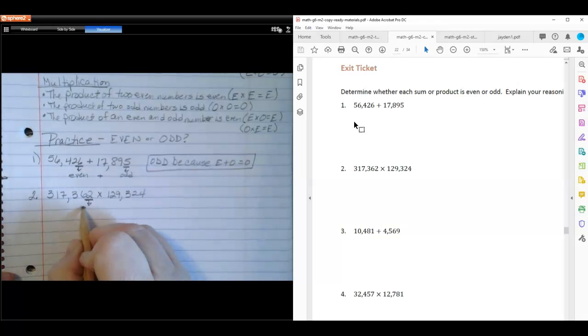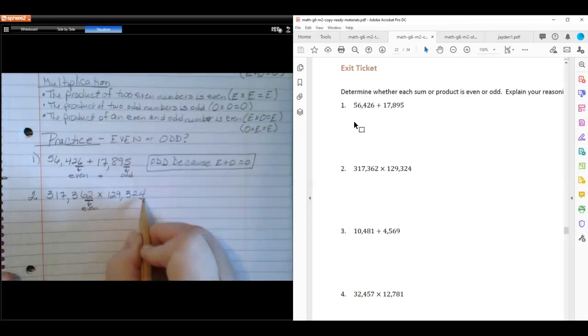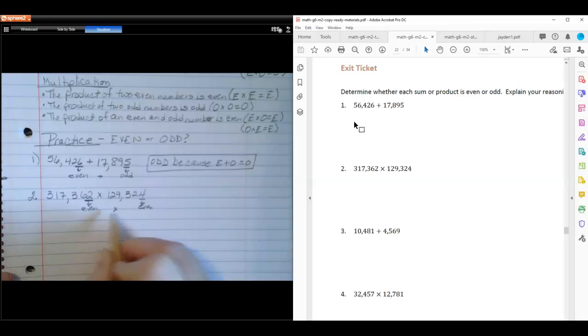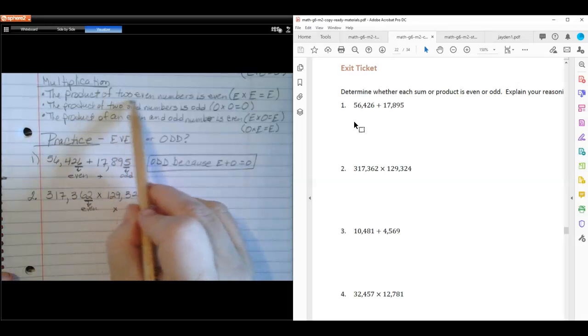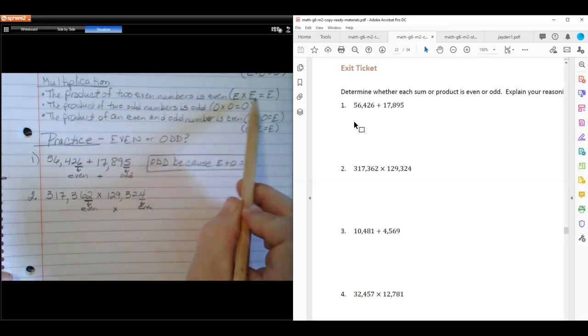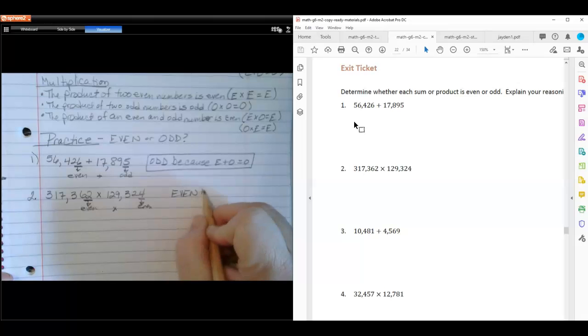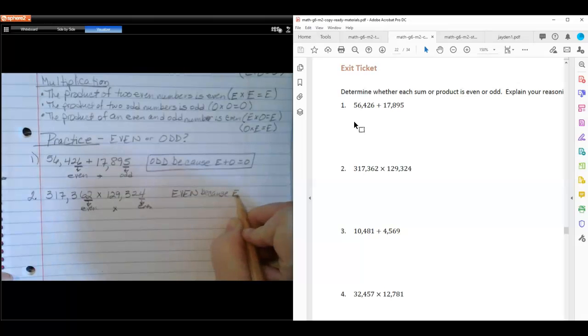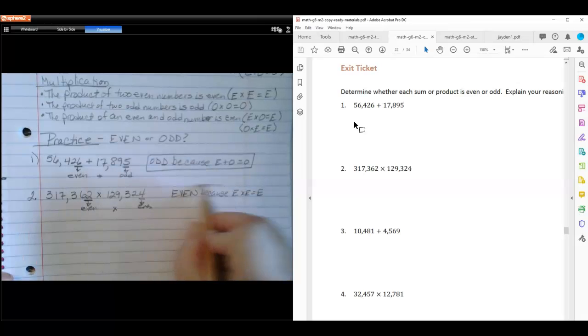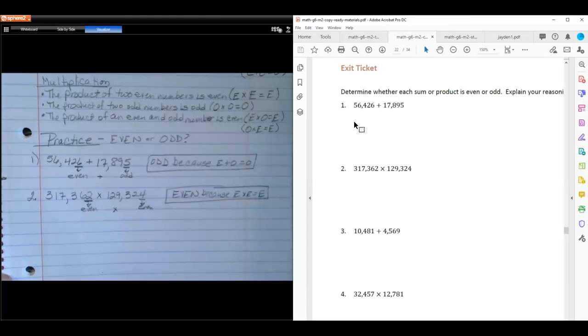A 2 is even. A 4 is even. And we're multiplying, so we just come up here. The product of two even numbers. Even times even equals even. So our answer, even, because even times even equals even. Okay?